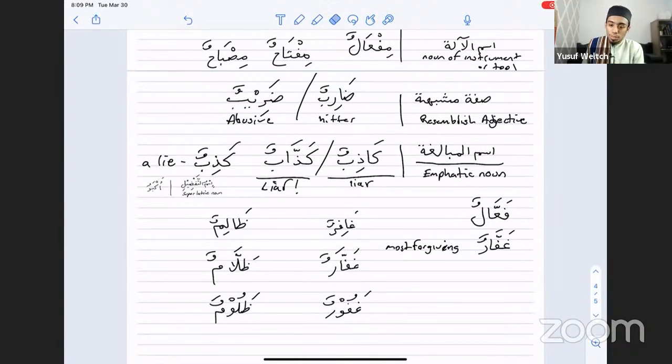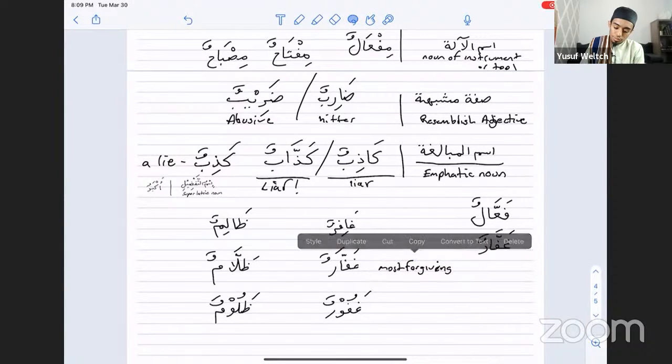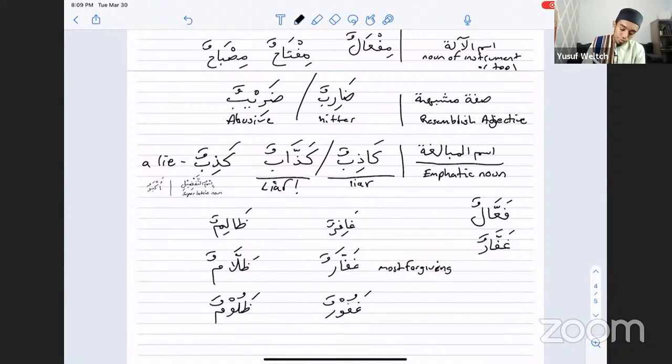So what does dhalim mean? The oppressor? The oppressor, somebody who does wrong. Good. And how would you translate ghafir? The forgiving or the forgiver? Forgiver. Good. Forgiver.